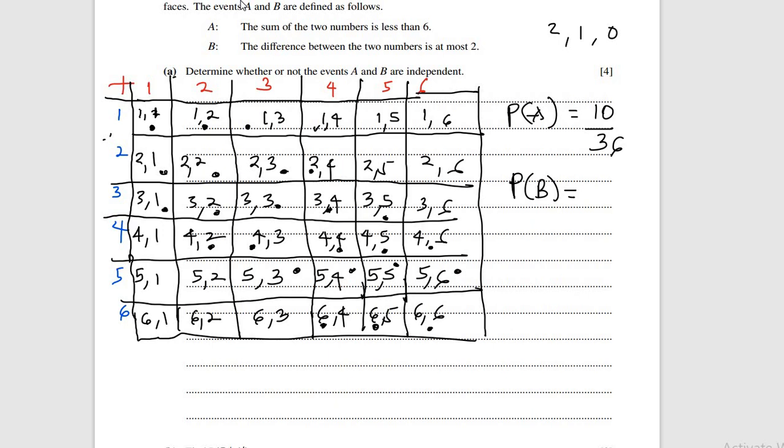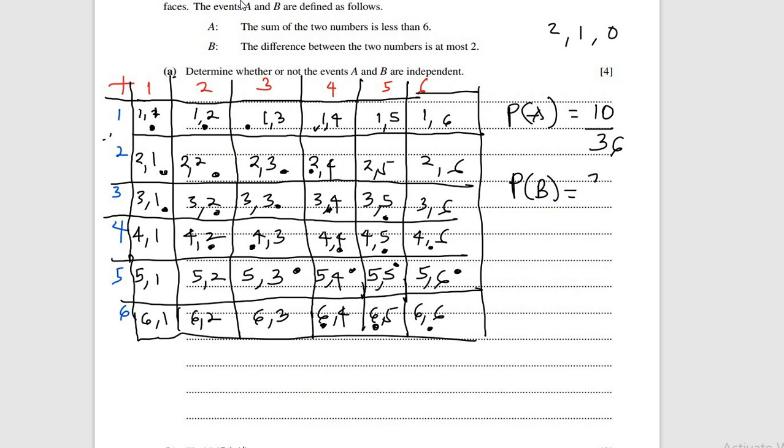Difference that is at most 2. The dots: 1, 2, 3, 4, 5, 6, 7, 8, 9, 10, 11, 12, 13, 14, 15, 16, 17, 18, 19, 20, 21, 22, 23, 24. They are 24 in number. You can confirm it again.